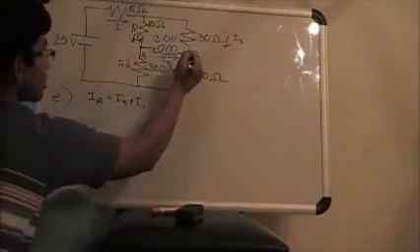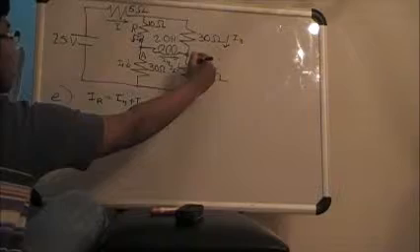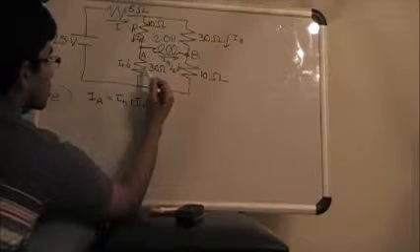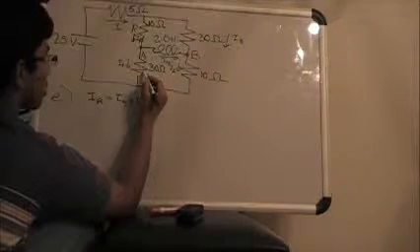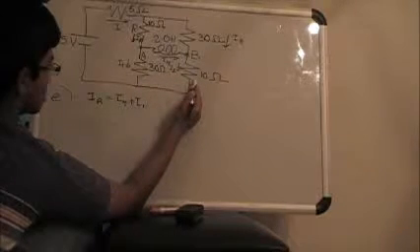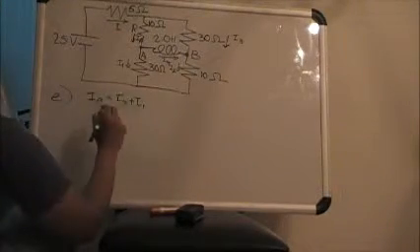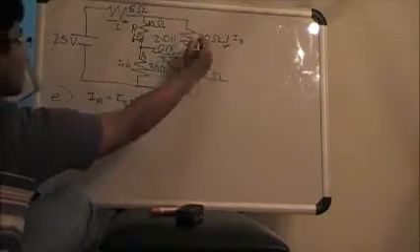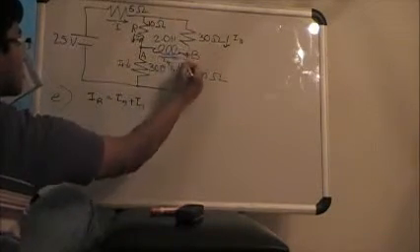And I4 is going this way because these voltages have to be the same since they are in parallel. And since V over R is equal to the current, this current is going to be lower than this current because it's V divided by 30 and this is V divided by 10. So this is the junction rule for this junction. And then we use the junction rule for this junction.